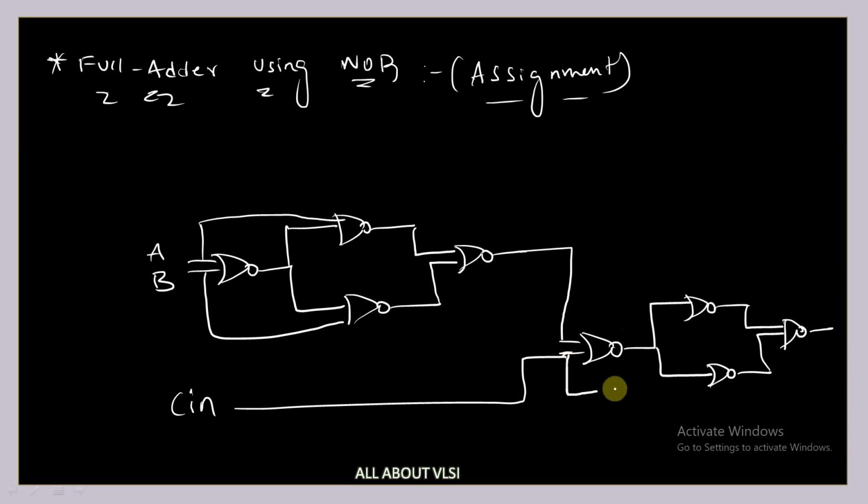This I am going to give to this NOR gate, and this I am going to give to this NOR gate. So this is my sum. I've got my sum. Now, from where should I get my carry? Can anyone tell me? You can take your output from here and one more output at this point.